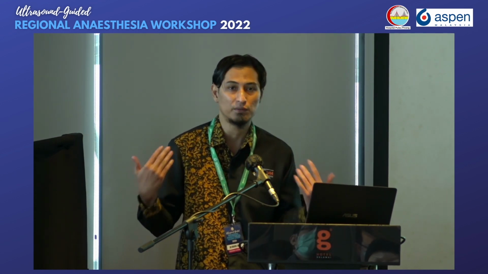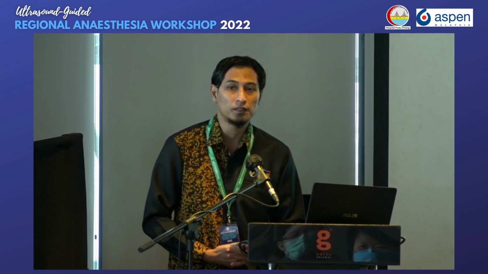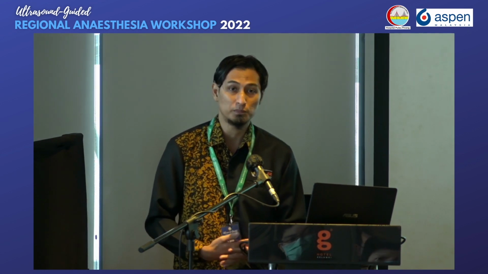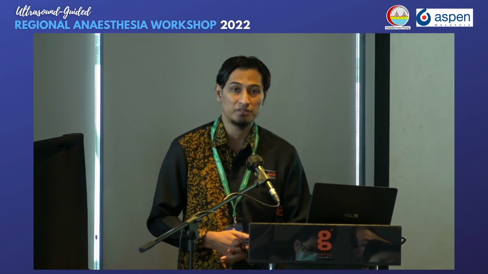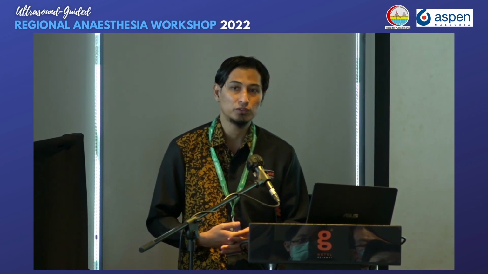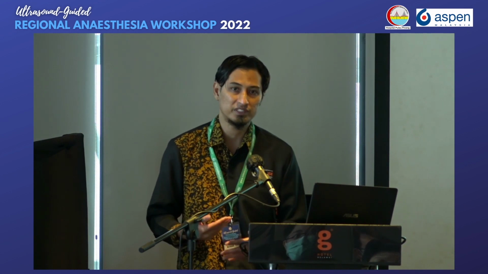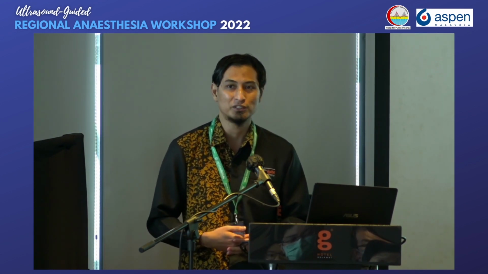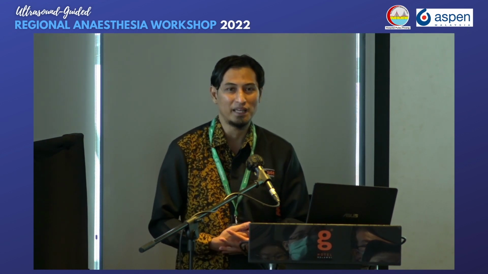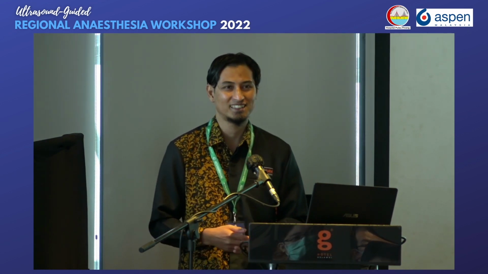If bilateral, of course, I will give 20-20. For the concentration, 0.2% or 0.375% ropivacaine. You can also use levobupivacaine, but of course, it is not in the market anymore. So we only have ropi at this moment.